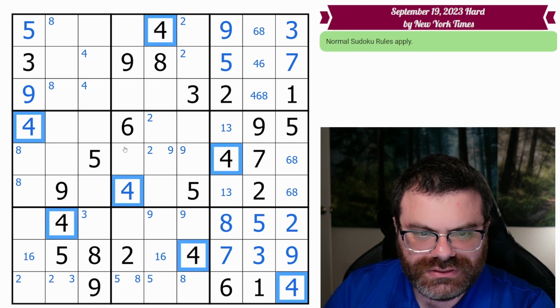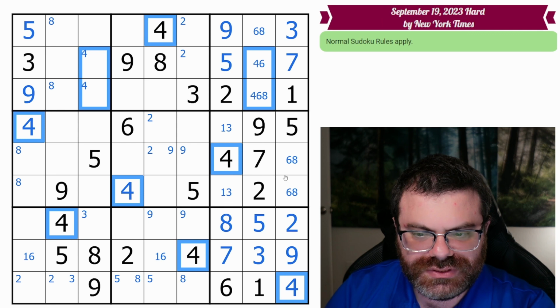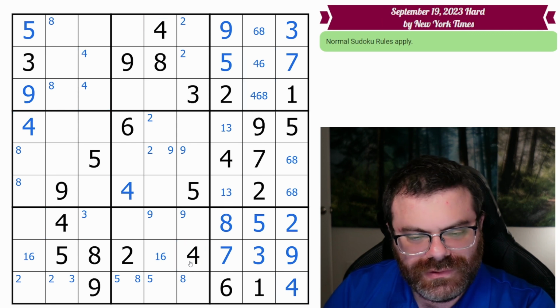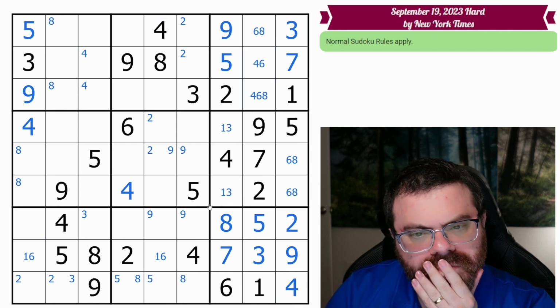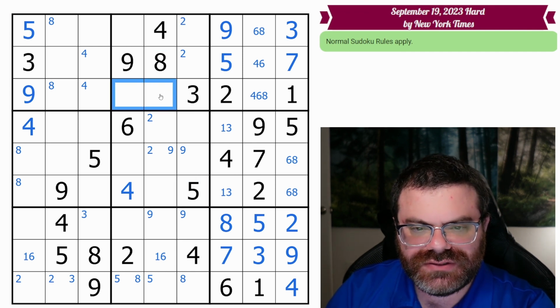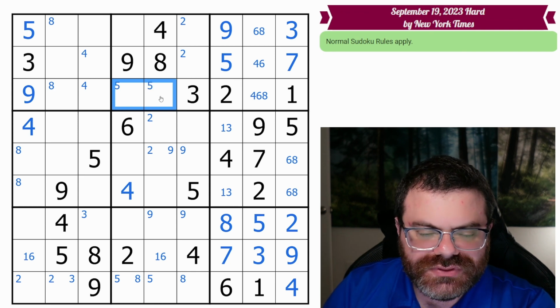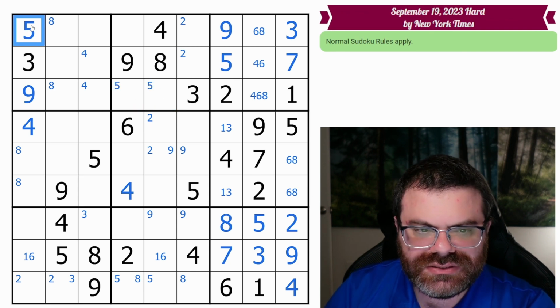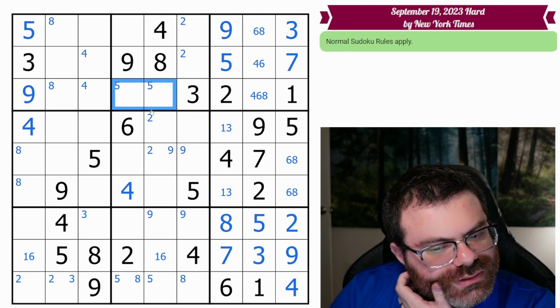How are 4s doing? We have these 4s, we have these 4s, and that's it. Okay, 5 looks up, 5 looks over, and that actually puts a 5 in one of these two. That's technically a crossing for this 9-8. So 5s are here. I guess we could have seen that just naturally. Never mind. I was hoping that would point.